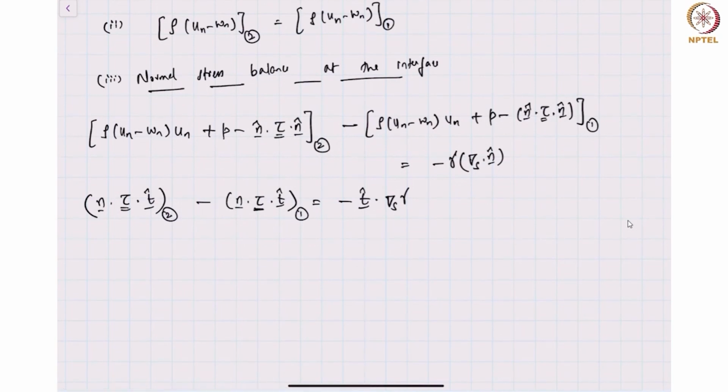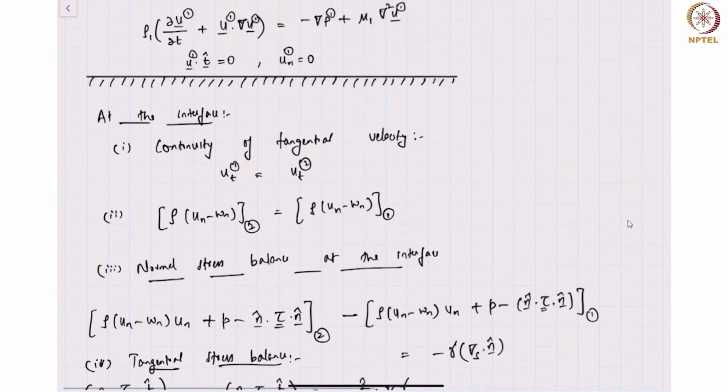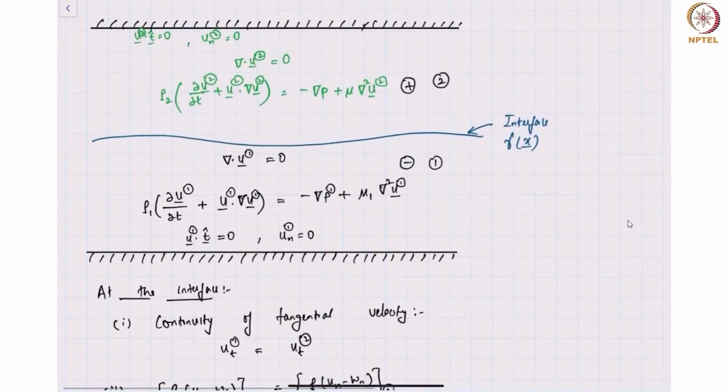And then we have the tangential stress balance at the interface. So having written down all these equations, we have a system of equations for the velocity and the pressure.